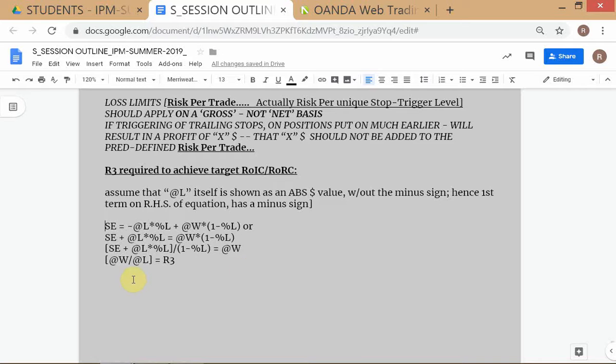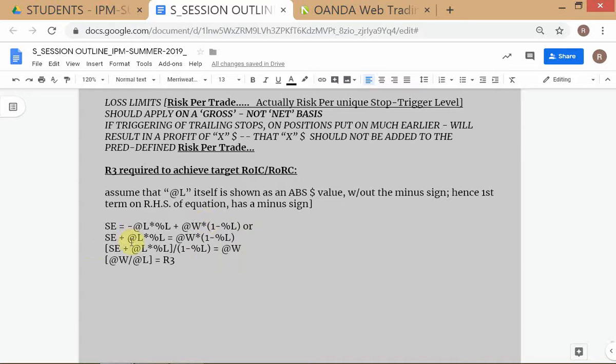So we have to write average win, and again this is all modeling. You have to model average win as a function of the other parameters in the system edge equation. This is basic, class 12 or class 10 algebra. You just move around the terms.